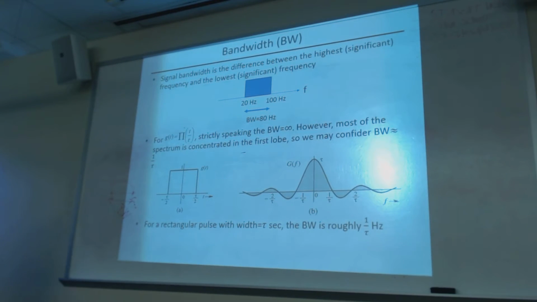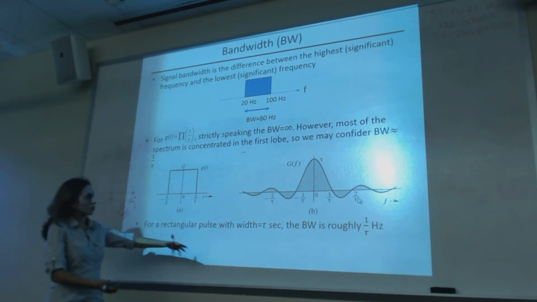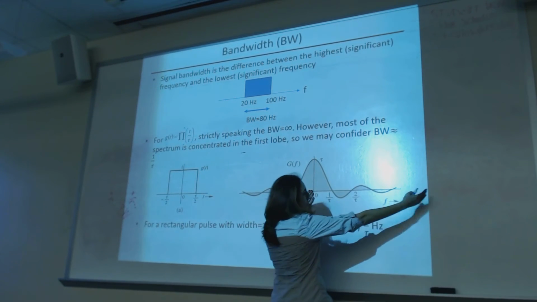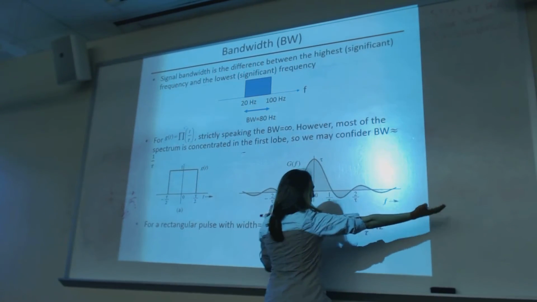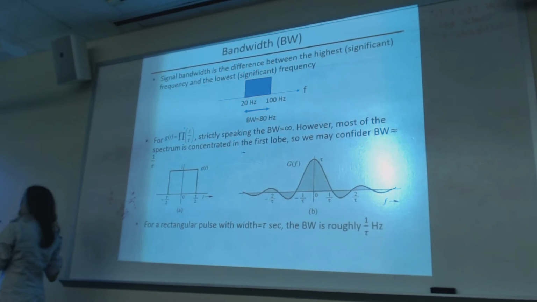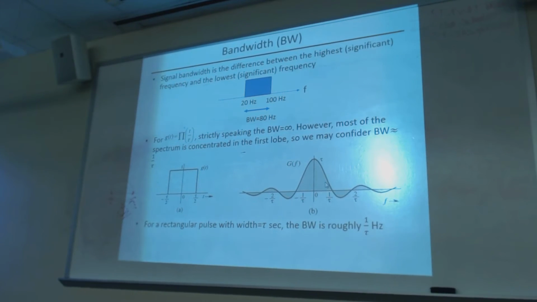Okay. But a lot of times, like for example in this case, what's the bandwidth here? Infinity, right? Because as you see, my signal starts from the DC and then goes up to infinity. I have all the frequencies. The bandwidth theoretically is infinity. However, for this same function, you can say that most of the energy is in the main lobe.